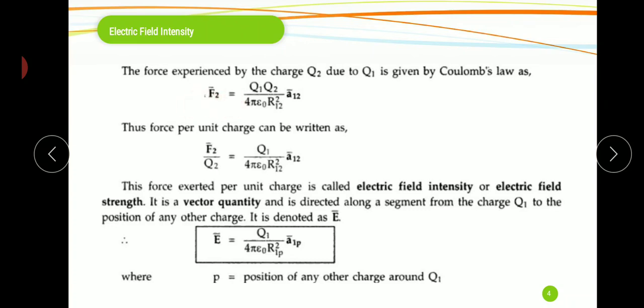According to Coulomb's law, the force formula is F2 bar equals Q1 Q2 by 4 pi epsilon naught R square, A bar 12. It is the vector form of Coulomb's law.